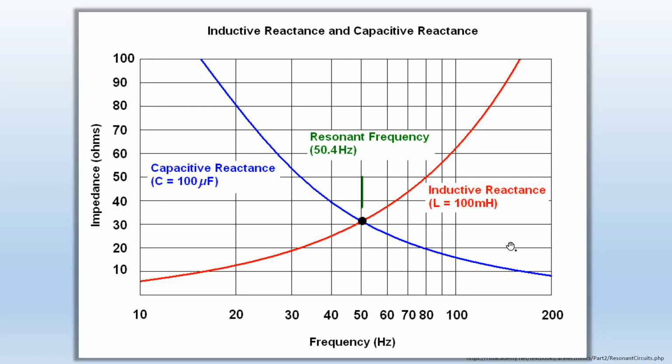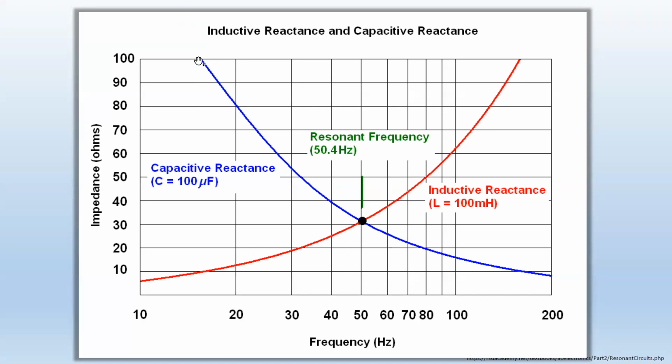So now we have something here. If you just ignore the blue line for now, as the frequency increases, the coil does not like change, and more frequency means more change. The coil is going to start resisting more and more and more as the frequency increases. Right? Now, capacitor, ignore the red line now, look at the blue line.